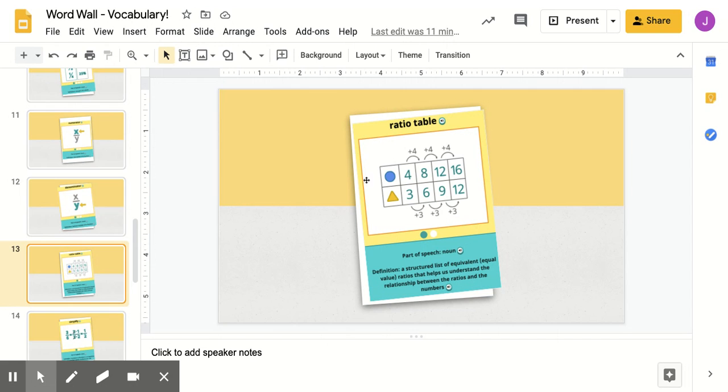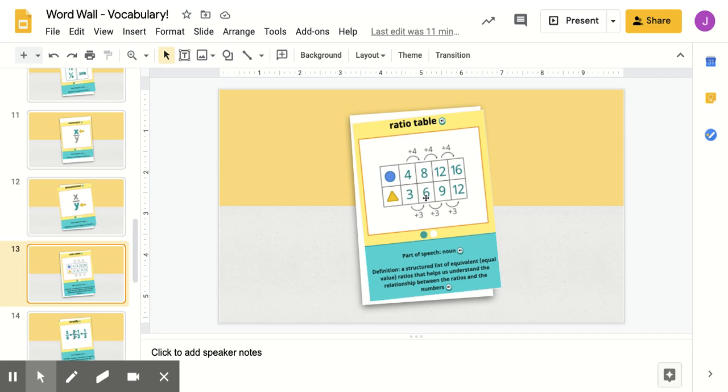So for example, if we remember that a ratio describes how many of one thing we have to how many of another thing, this table just describes at any given point how many blue circles we have and how many yellow triangles we have. So to start off, we have 4 blue circles and 3 yellow triangles. Then we move over a column and we have 8 blue circles and 6 yellow triangles.